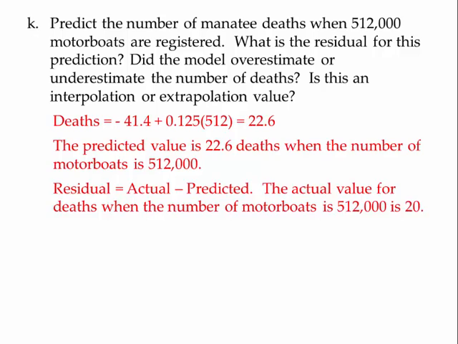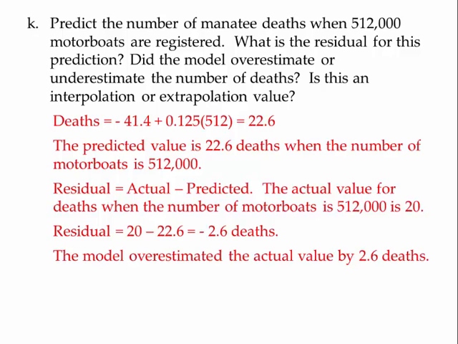The actual value for the deaths when the number of motorboats is 512,000 is 20. The predicted is 22.6. So therefore, when we compute the residual, we take 20 minus 22.6 and we get a negative 2.6 deaths. Because the residual is negative, that means the model overestimated the actual value by 2.6 deaths.